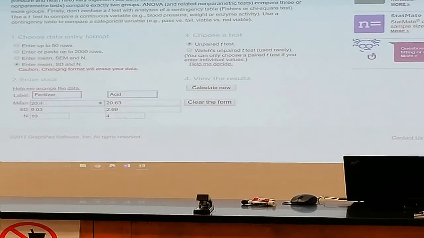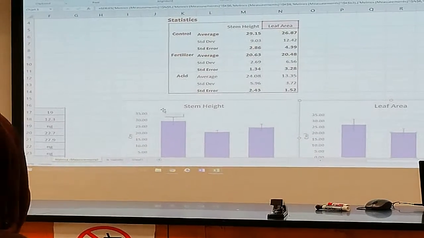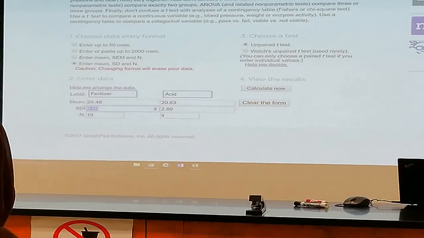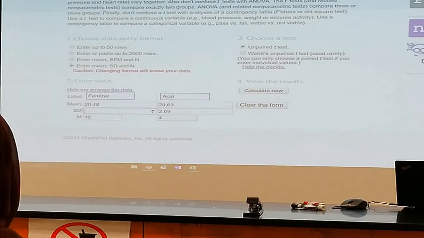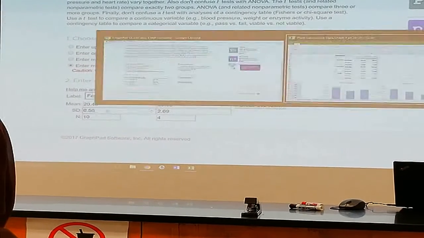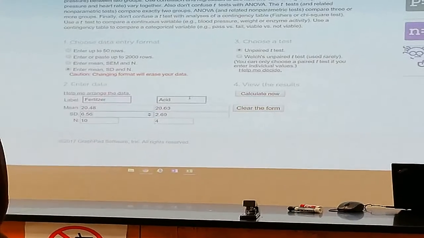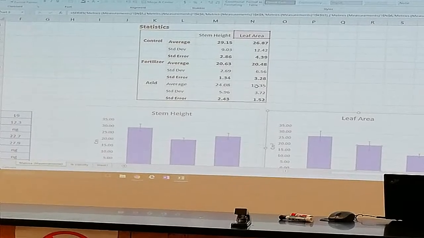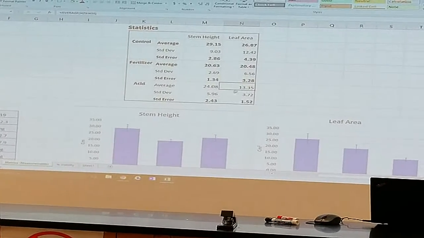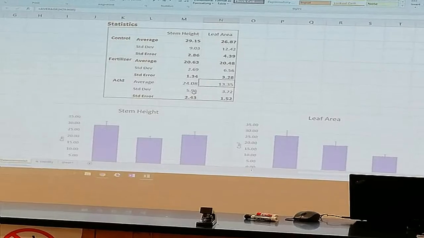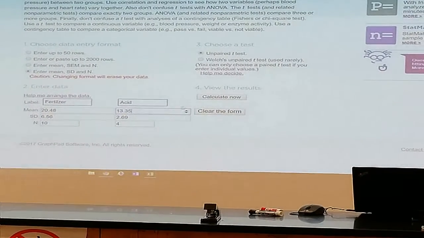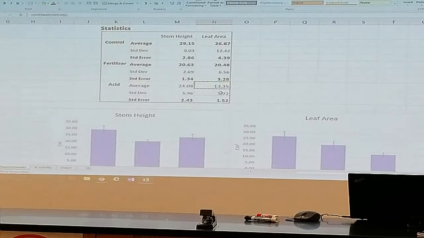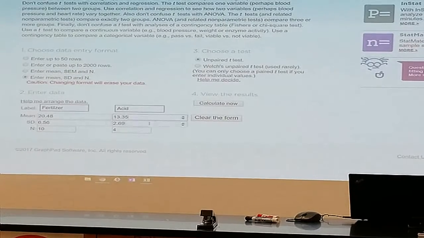Okay. And what's the standard deviation for the fertilizer group? 6.56. Okay, and then the mean for the acid group, did I get that one already? No, the mean for the acid group is 13.35. Okay, so we'll put that in over here. And then the standard deviation for that is this one right below it, 3.72.